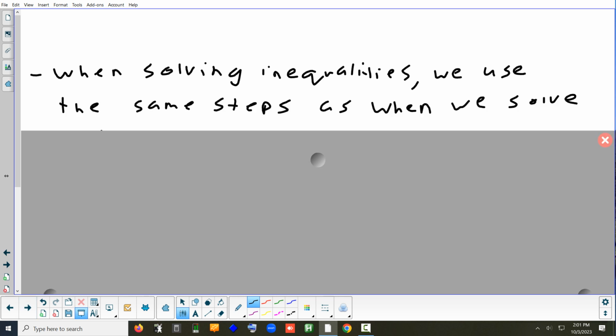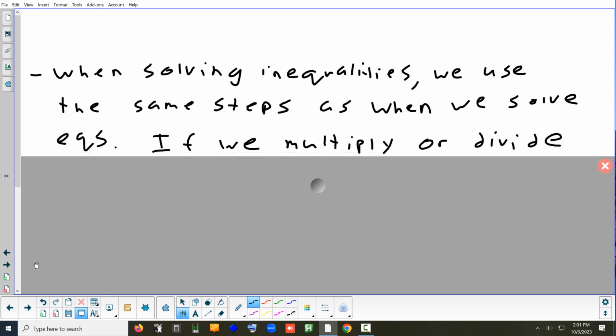So when we're solving an inequality, we pretty much use the same steps as when we solve an equation, but there's one thing we have to be careful about with inequalities. Does anybody remember what kind of number you can multiply or divide by, and if you do this, you have to flip the sign? Is it a negative?